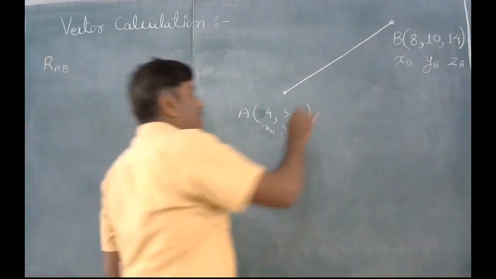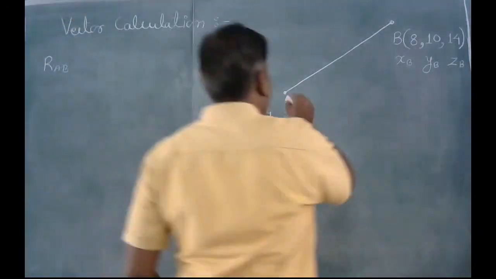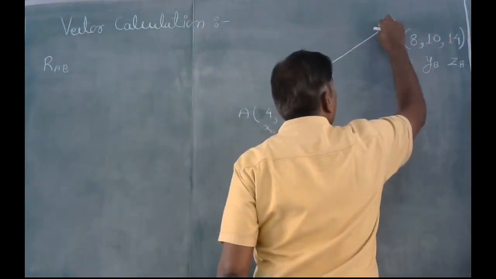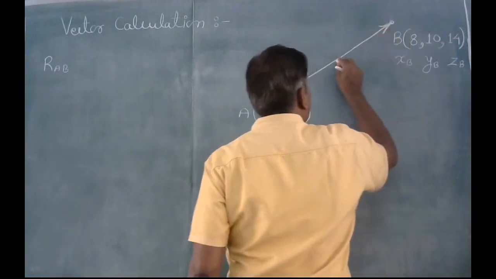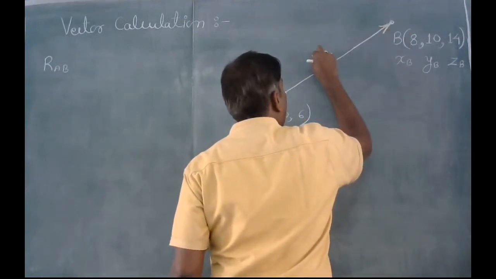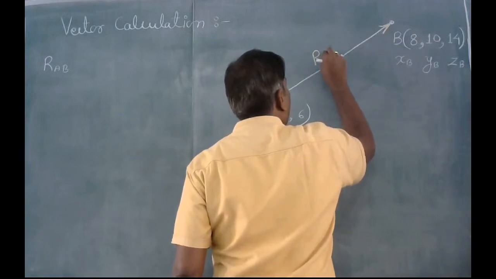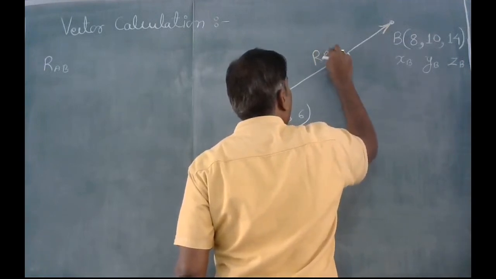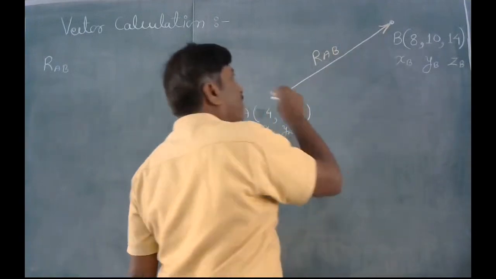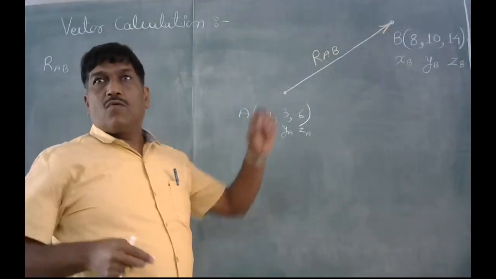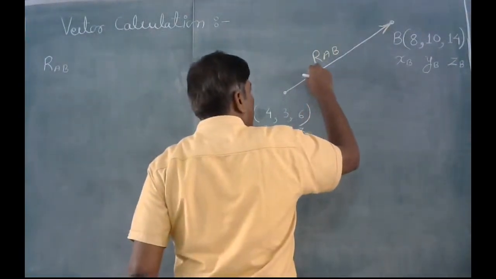This vector, originated from A and directed towards B, is known as the vector R AB, pointed from A towards B in this direction.